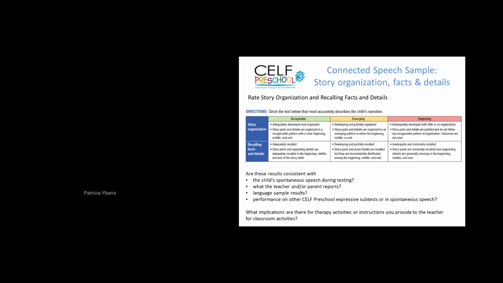And then what implications are there for therapy activities or for recommendations that can be made to improve the child's overall level of functioning.